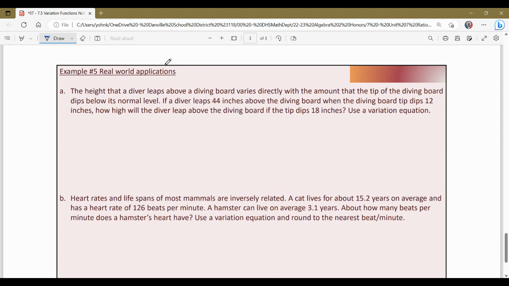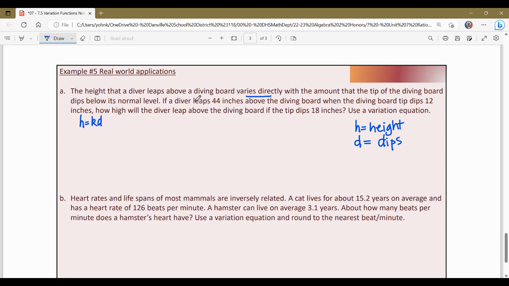Use a variation equation. So let's see, in this problem, we have the height that the diver leaps and the amount that the diving board dips. So we have the height, I'm going to call H, and the D is the amount that it dips. So if the height varies directly as the amount of the tip, then we have H equals KD.